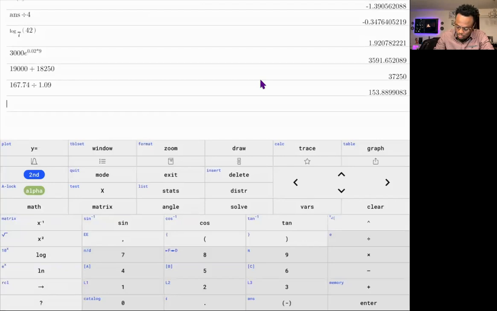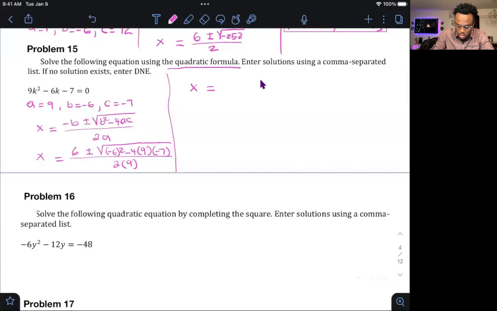That's -6 squared, minus 4 times 9 times -7. And then what do you get? It's 228.